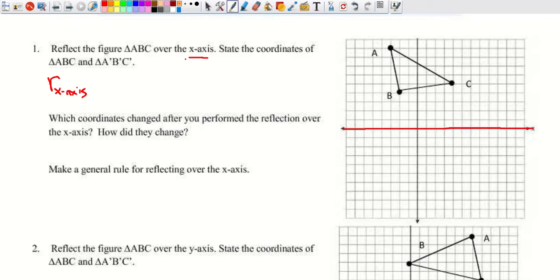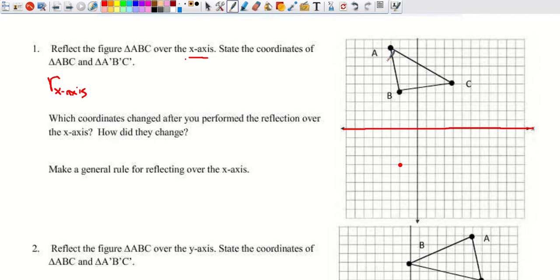All I'm going to do is count from each point to the line. Point B is 4 units above the line, so its image has to be the same distance on the other side of the mirror. So it's 4 units down, and I put a point there, and that's where B prime is.